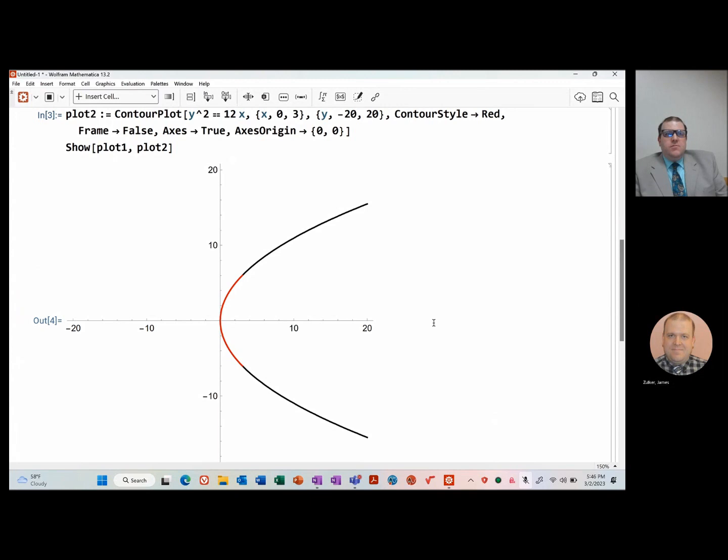Well, if we just take half of this and rotate about the x-axis, don't we get the exact same surface? That means we actually need half of this plot to get the same surface. So without loss of generality, we're just going to take the upper portion. All right, that's the portion in quadrant 1.